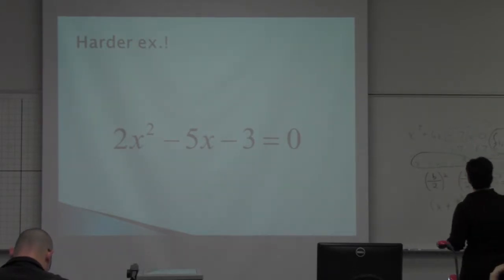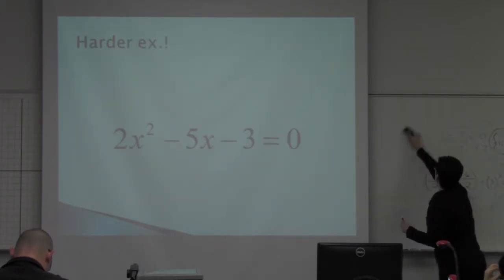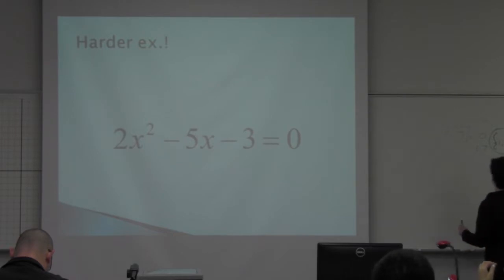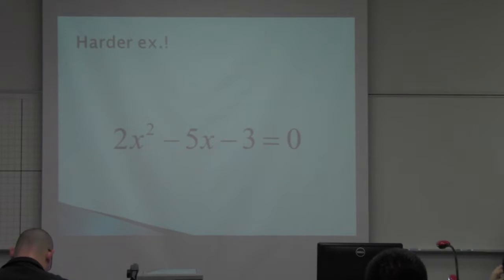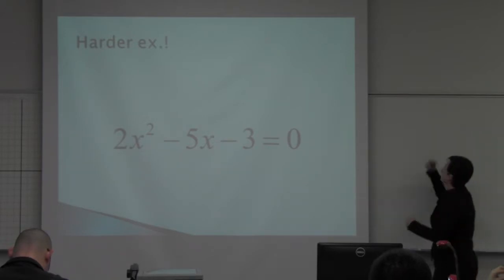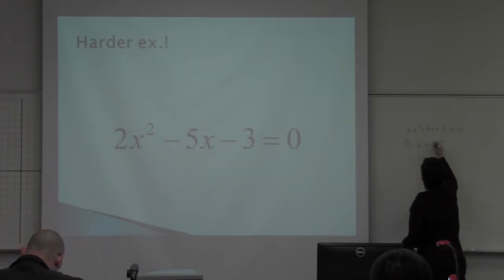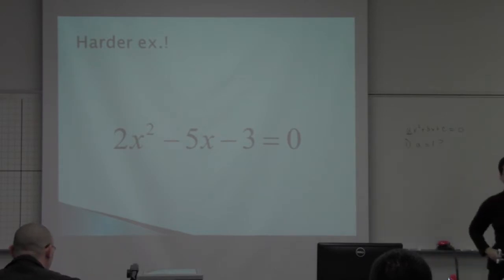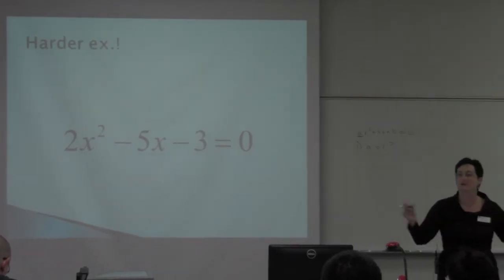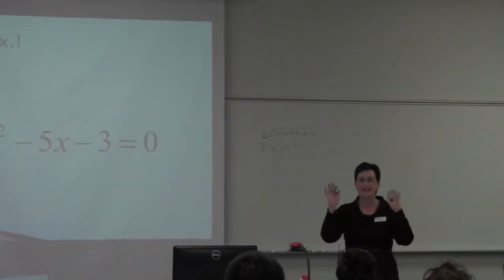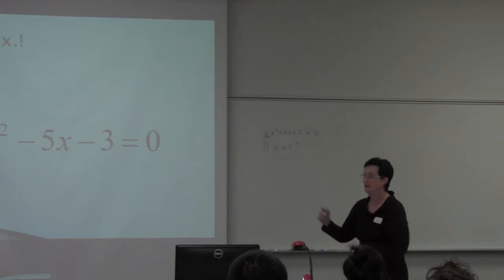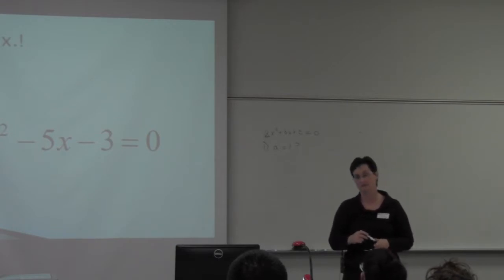All right, so first of all, whenever you are completing the square, the very first step is that the leading coefficient has to be 1. So on the first problem, what happened? It was already 1. Yay! How about this one? No.